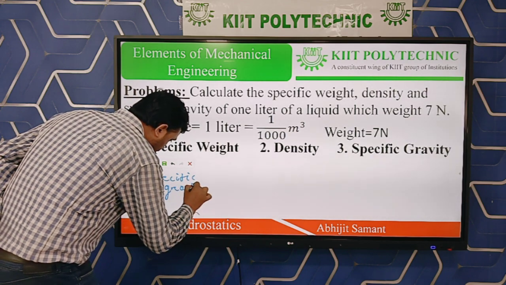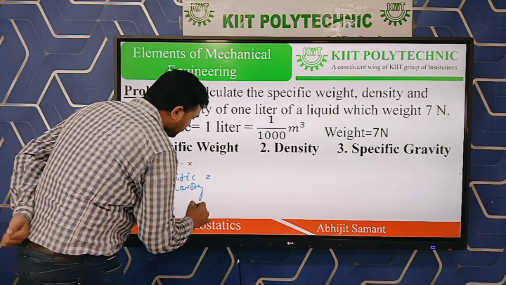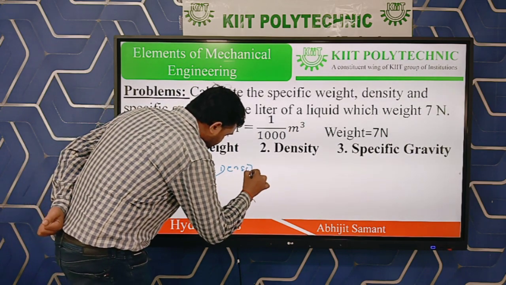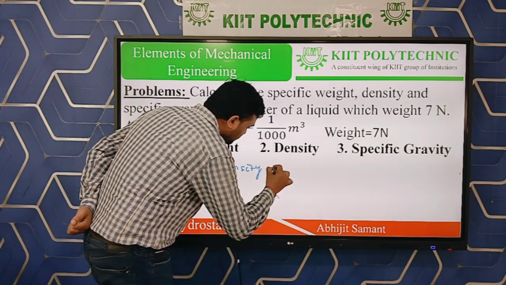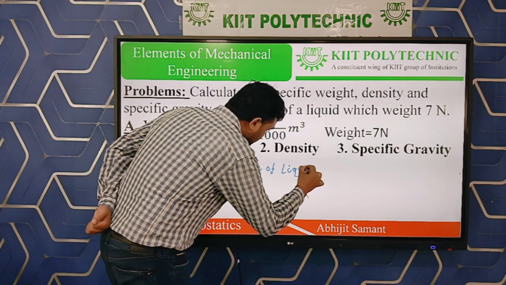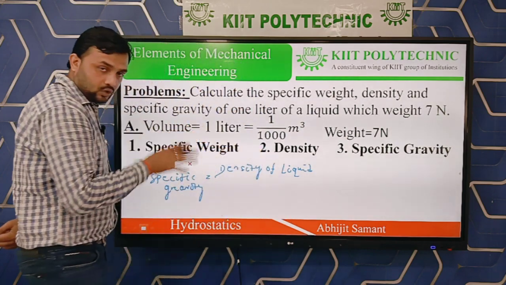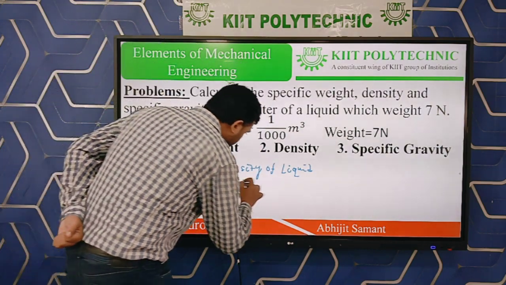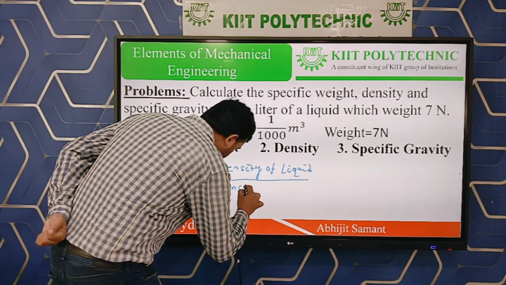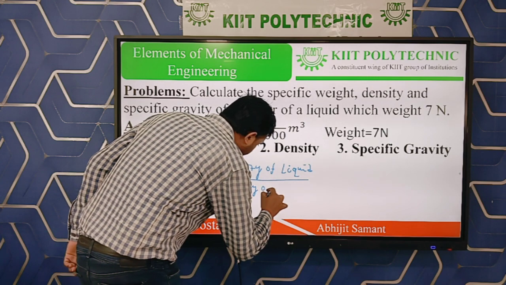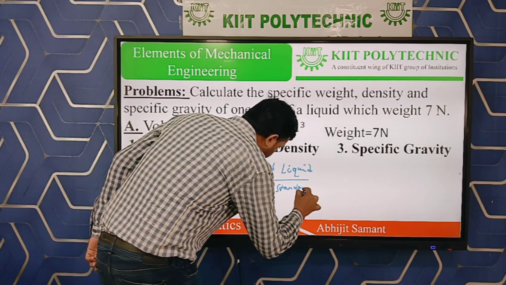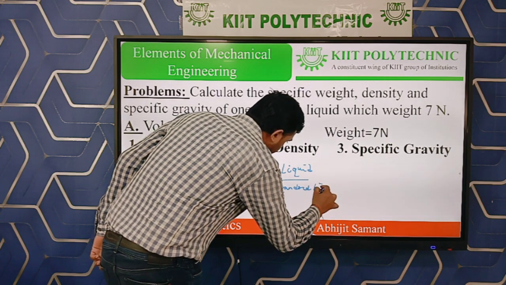That is, the density of the unknown liquid divided by the density of the standard liquid.